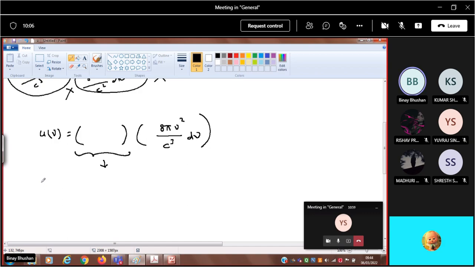Equipartition of energy theorem. Have you studied it in class 11th and 12th? No, sir. Yes, Yuvraj. Can you recall now? No, sir. If I write the formula here, then you will easily remember that yes, we have studied this.